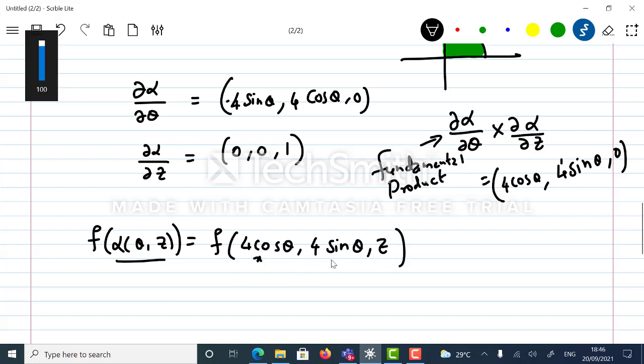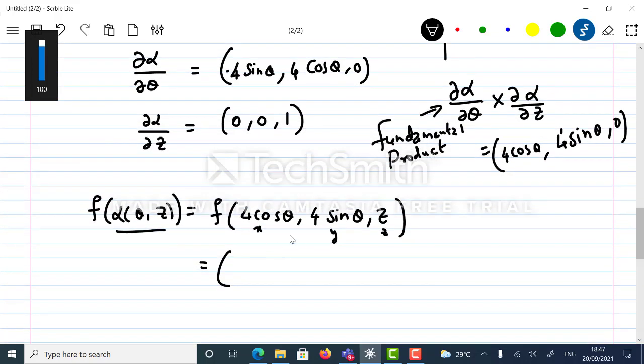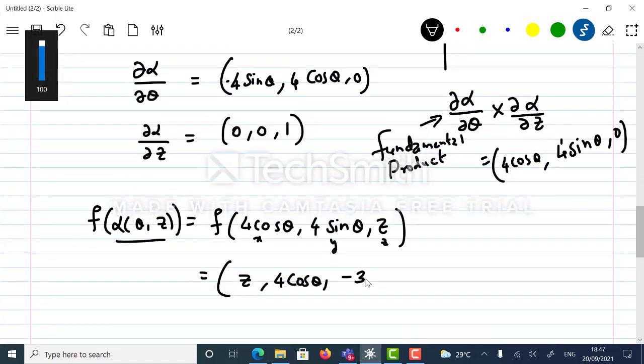So this is my x, this is my y, this is my z. According to the definition, f has z, x is 4 cos theta, and minus 3y square z, that means 4 sin theta square and z.